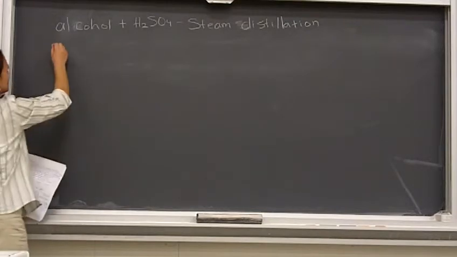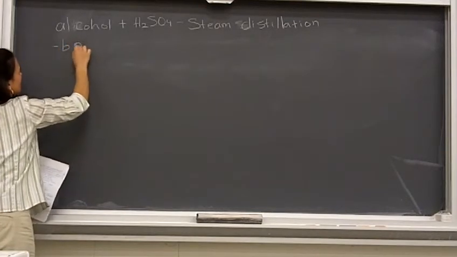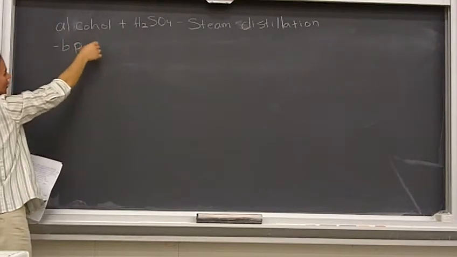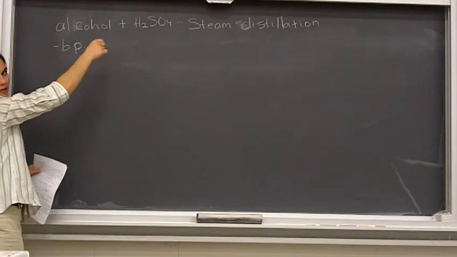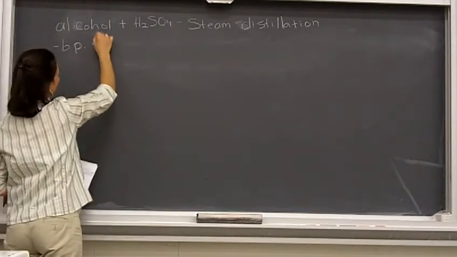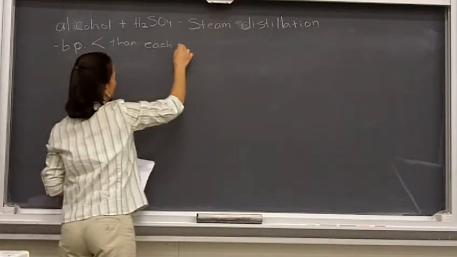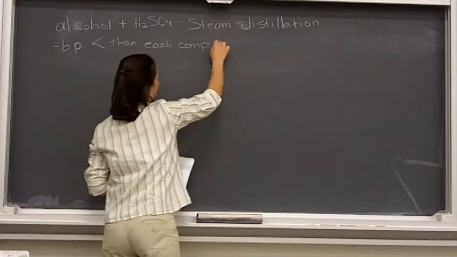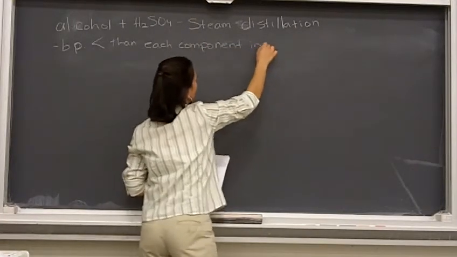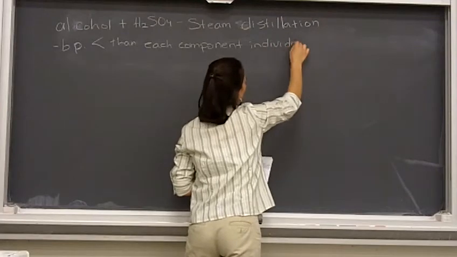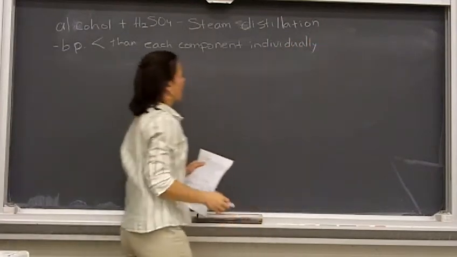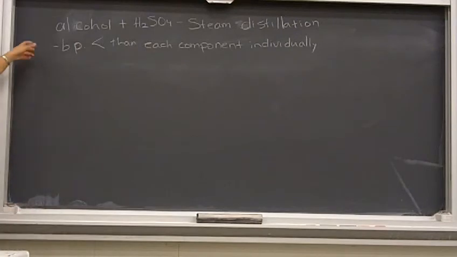And so the boiling point, we've got a mixture here, so your boiling point is going to be depressed from either one of these guys, okay? So your boiling point is going to be less than each component individually. And what you may see is like your alcohol, definitely below your alcohol boiling point, and then you're going to see as it's boiling over, you're actually forming your alkene.